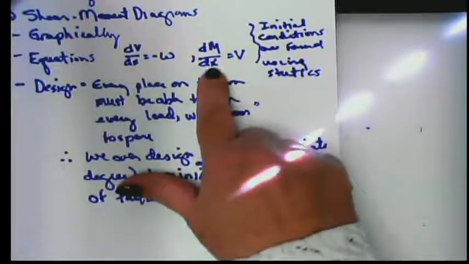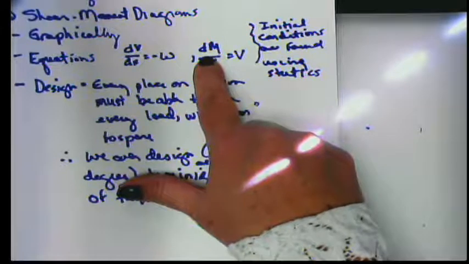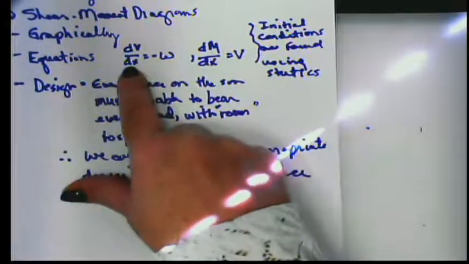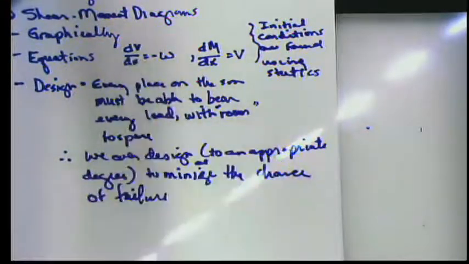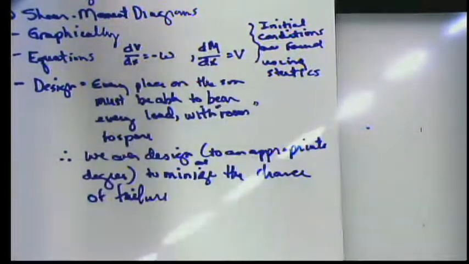But when we separate this, as I pointed out, the integral of dM becomes M_f minus M_0. And similarly here, the integral of dV becomes V_f minus V_0. So we're really talking about the initial and final conditions and the space in between them. And we can interpret that as the area. All right? So when we design, we want to design so that nothing ever fails.